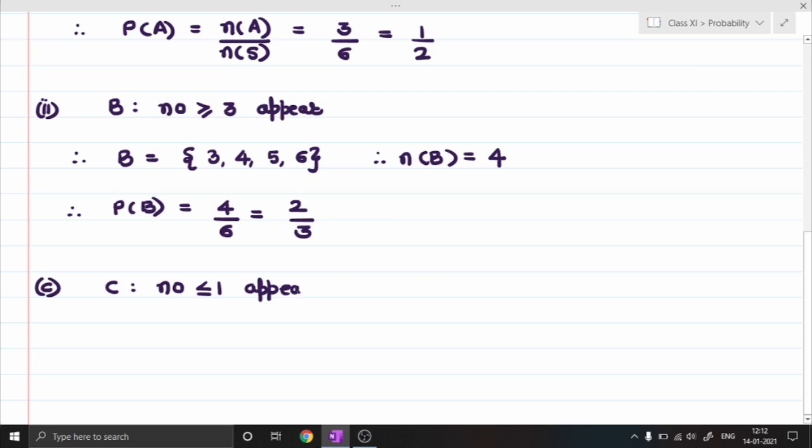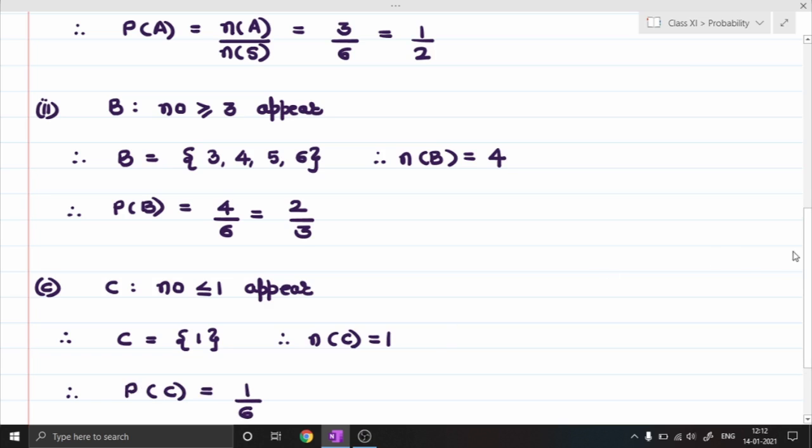How many numbers in the sample space are less than or equal to 1? Equal to 1, there is one number, that is 1 itself, and no number is less than 1. So only one element fulfills the condition, and the value of n of C will be equal to 1. In the same manner, P of C will be equal to 1 upon 6.